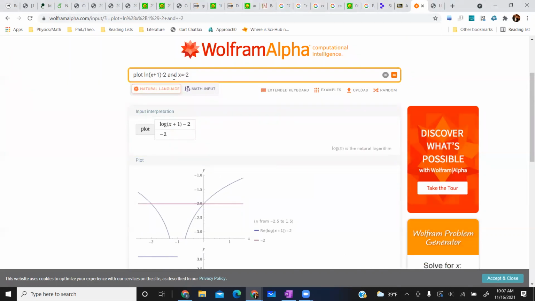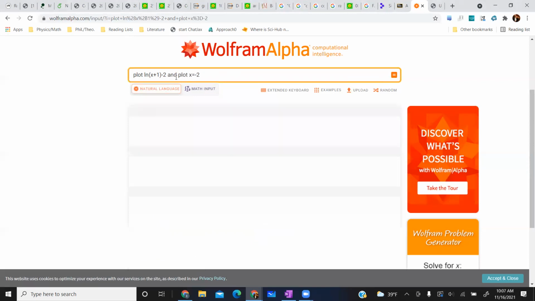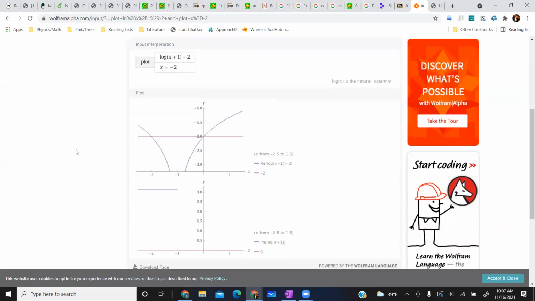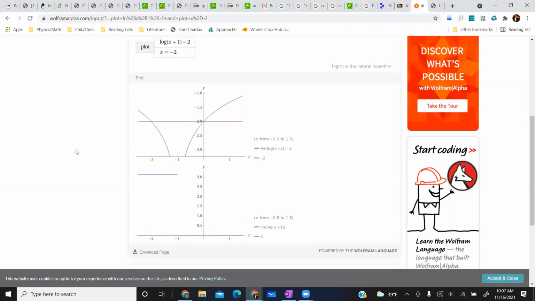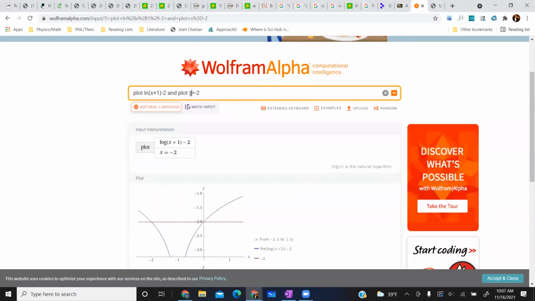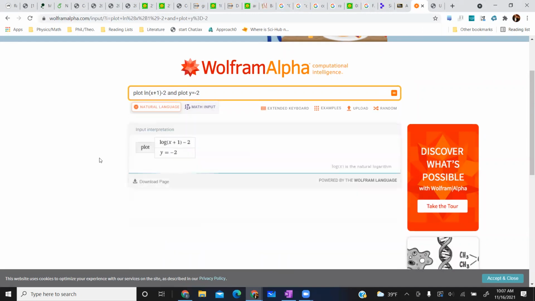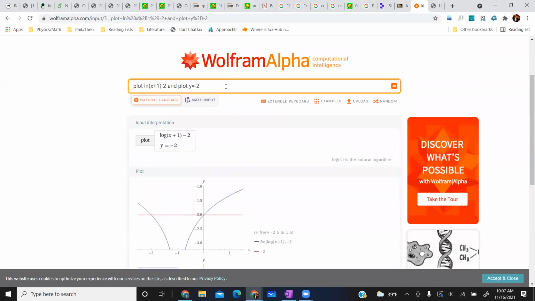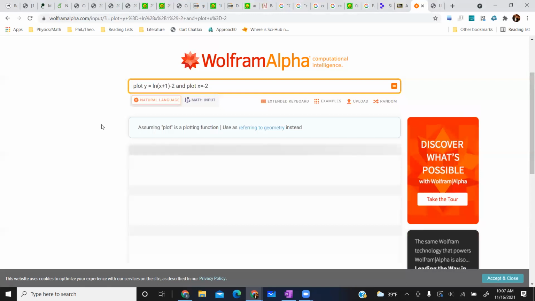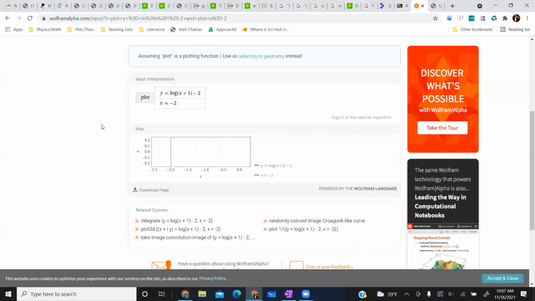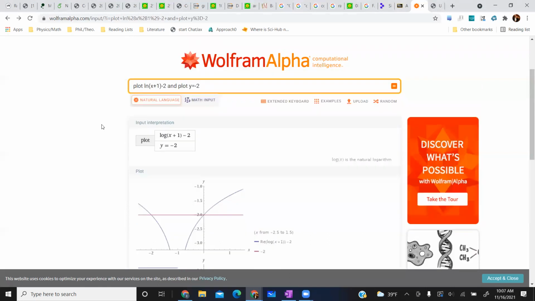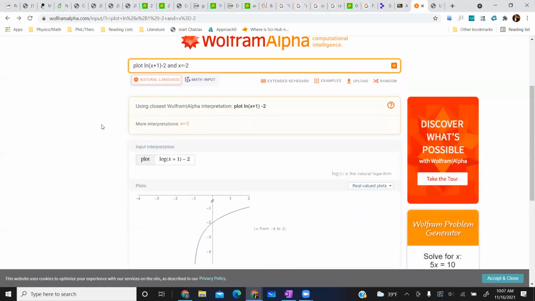So we want to plot this. Maybe I'll say and plot x is equal to -2. I don't know why it's doing that. Let's say plot y is equal to ln of x plus 1 minus 2, and then plot x is equal to -2. I don't know. There's got to be a way to do this, but I don't know why it's not working.